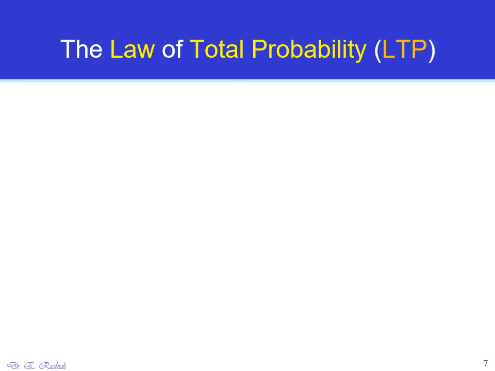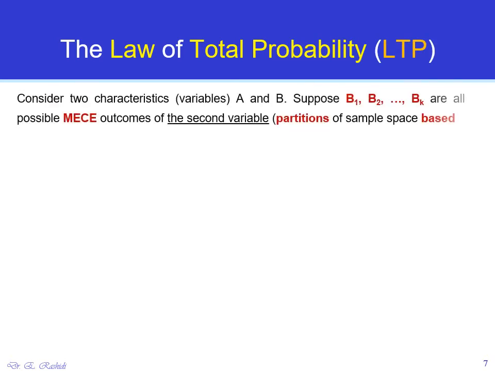The law of total probability, or LTP. Consider two characteristics or two variables A and B from the same experiment. Suppose B1, B2, and Bk are all possible mutually exclusive and collectively exhaustive outcomes of the second variable. If you remember, what this means is the probability of any Bi and Bj is 0.